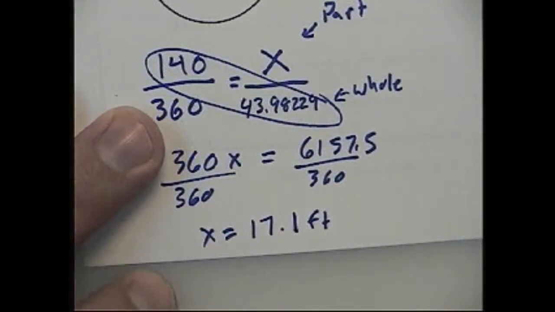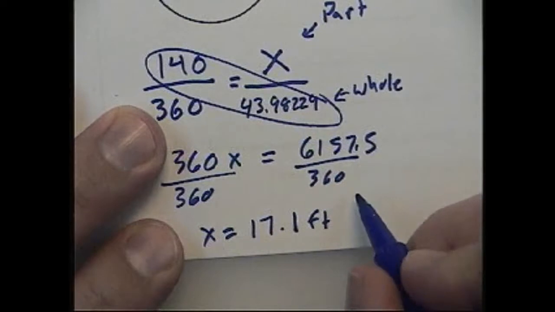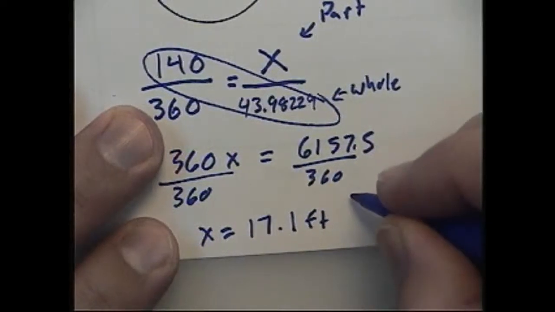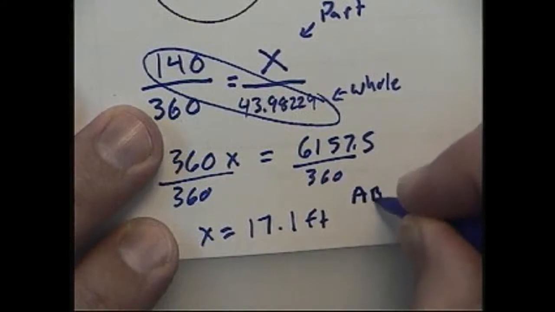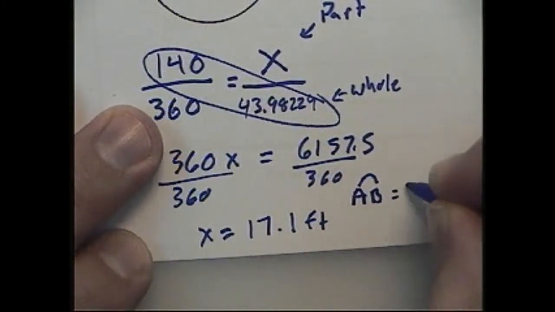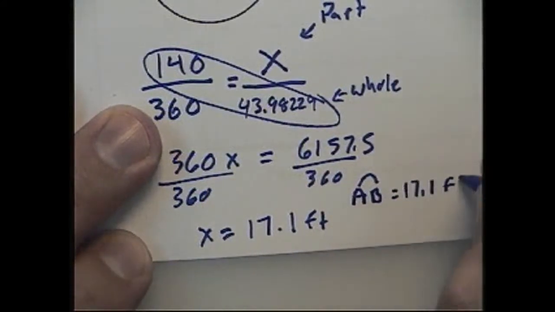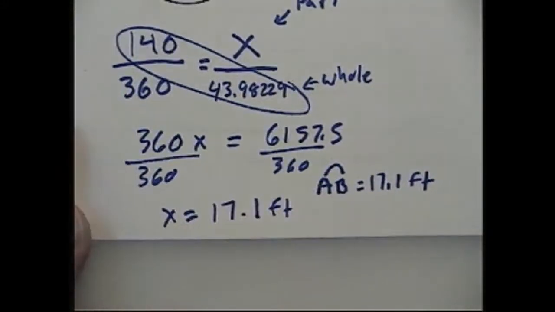We can be more specific and say the length of AB is 17.1 feet.